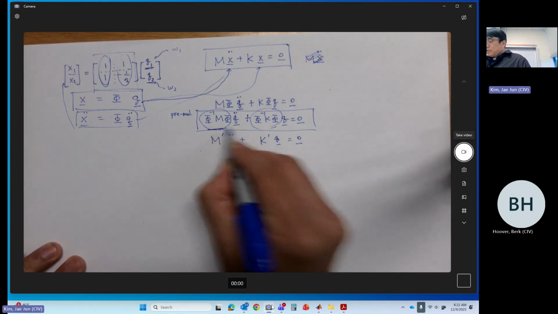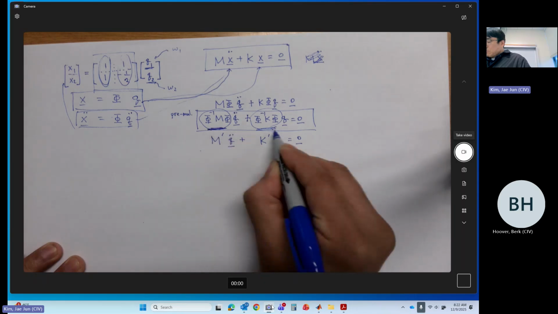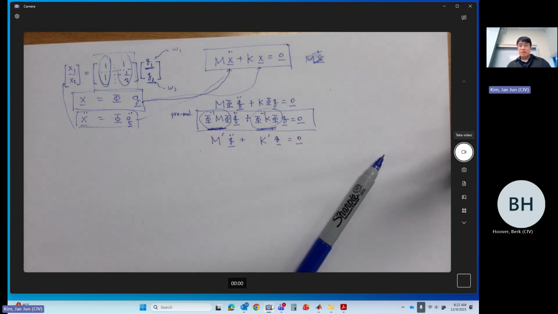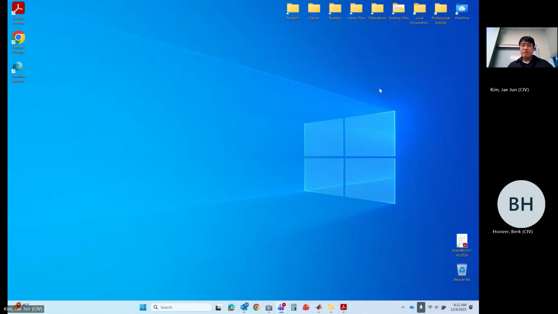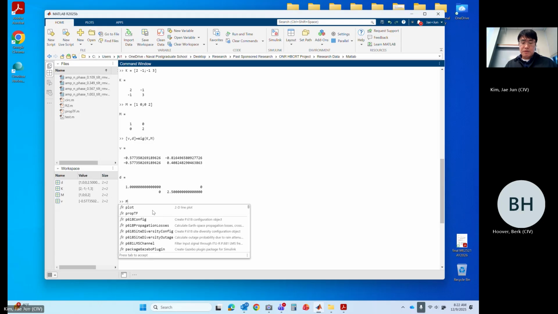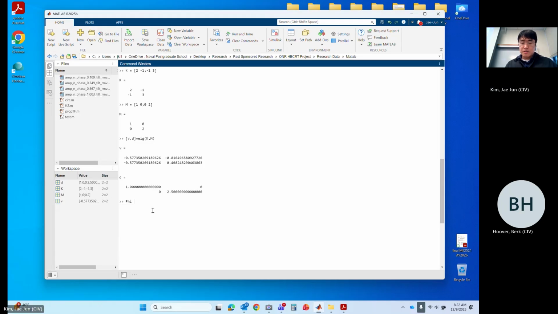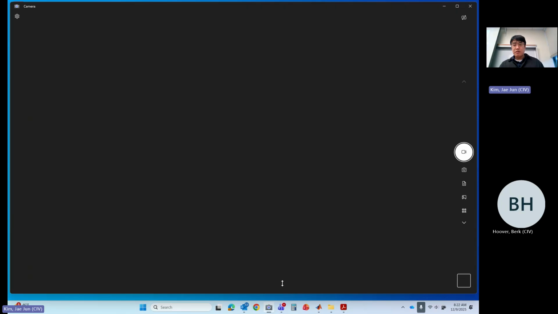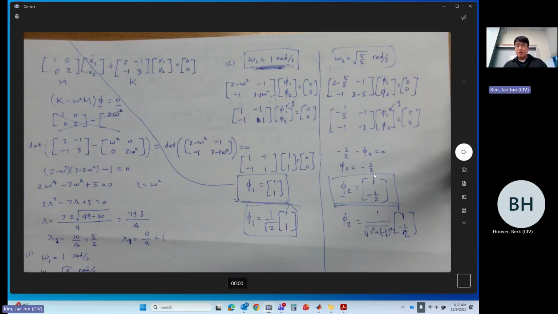So let's do this in MATLAB and see what our modal matrix and modal stiffness are. Let's not worry about the one that MATLAB gave me. Let's define our phi matrix with the mode shapes that we determined. The mode shapes we determined are 1, 1, and 1, minus half, right?